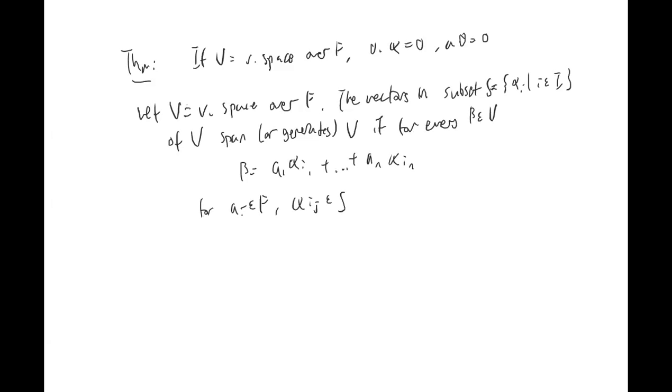You have an infinite spanning set, but every element is a finite linear combination of these elements in S. We say beta is a linear combination of the alpha_ij.